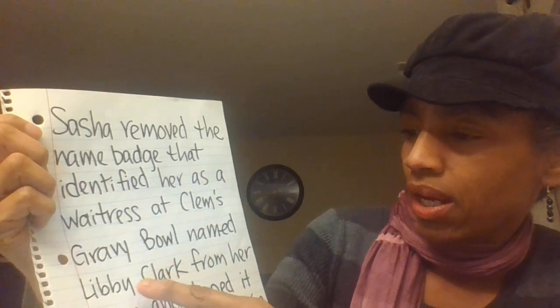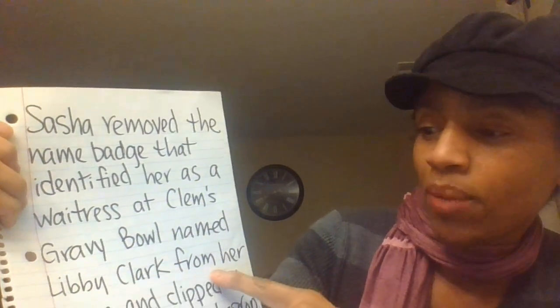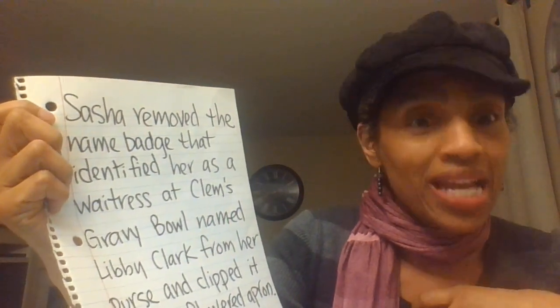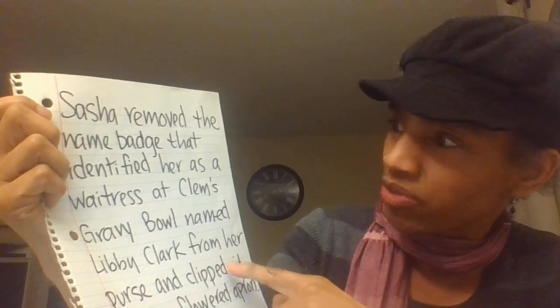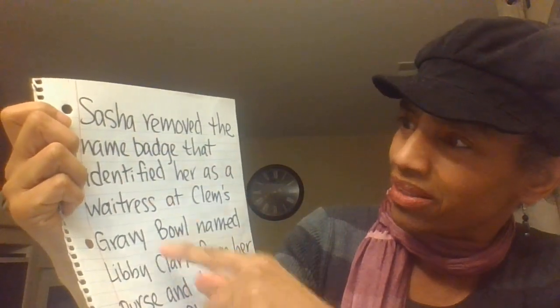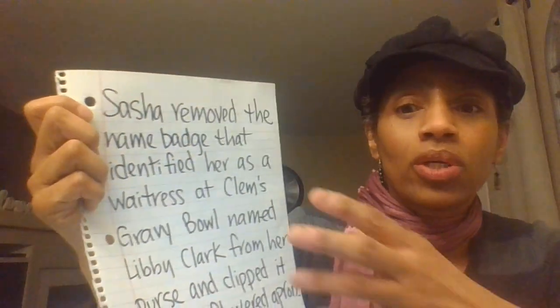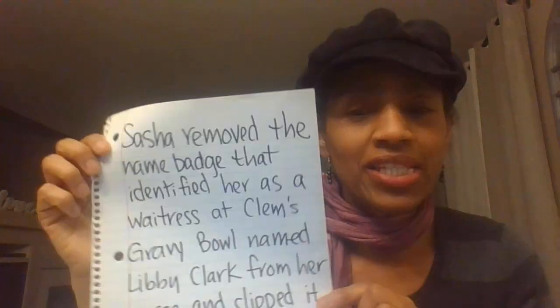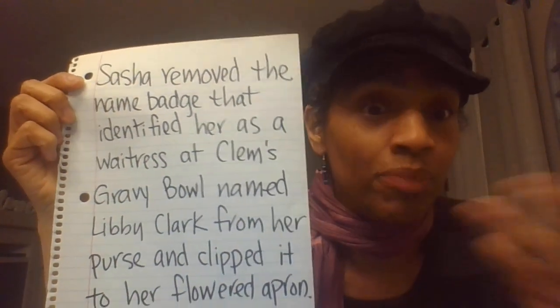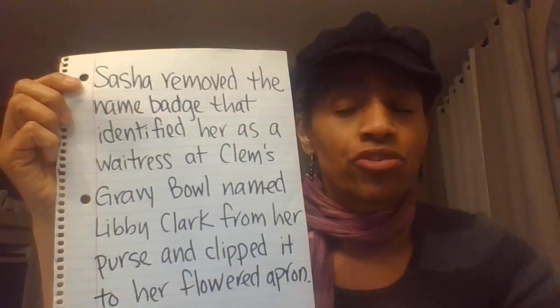Then, removed from her purse and clipped it: what was removed from her purse? The name badge. Who was Libby Clark? Sasha. Some of these elements make the reader stumble instead of understanding what the sentence is saying.